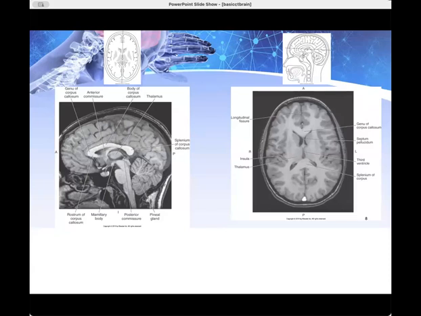The four parts of the corpus callosum from anterior to posterior are the rostrum, genu, body, and splenium.